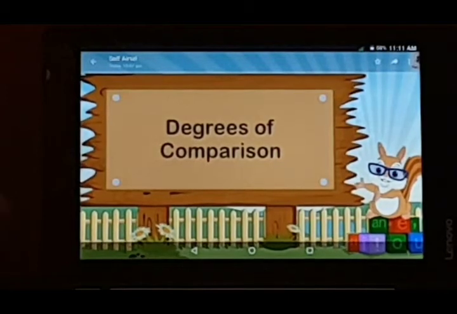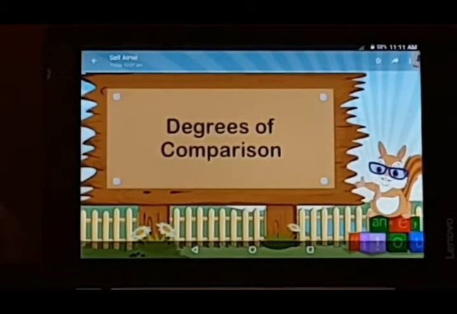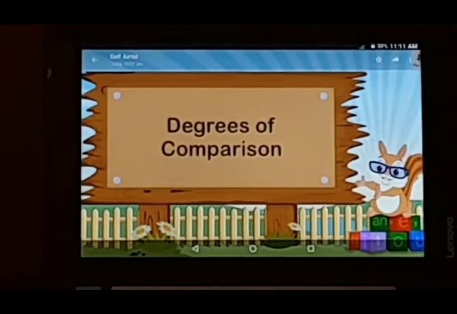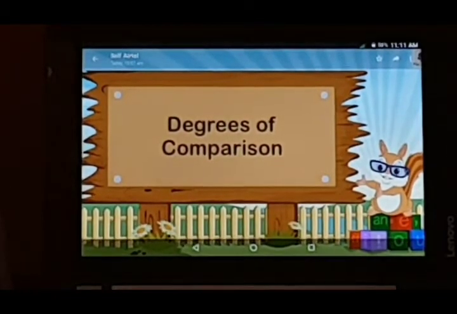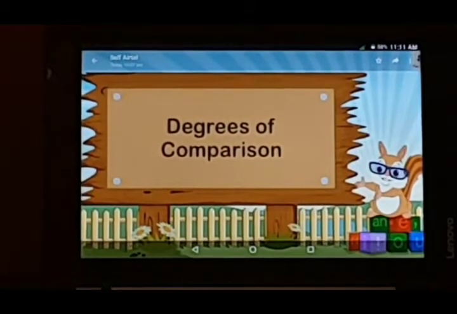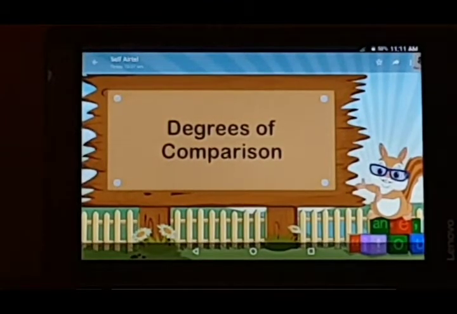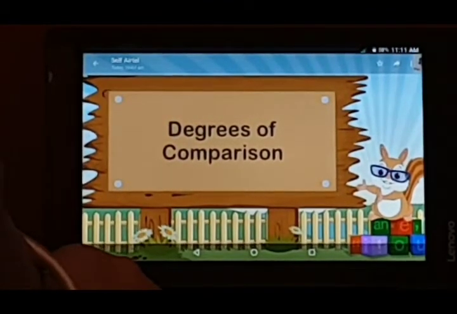Our next topic for today is degrees of comparison. So what are we comparing here? We are comparing the qualities of nouns and putting them in different orders or different degrees.